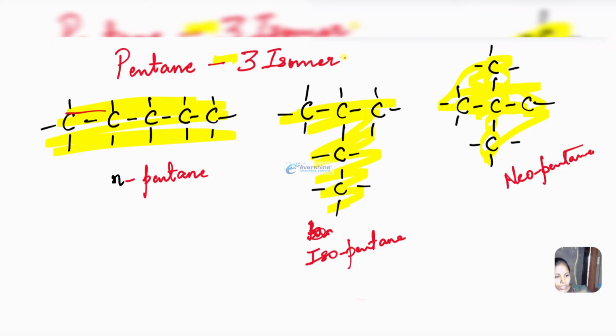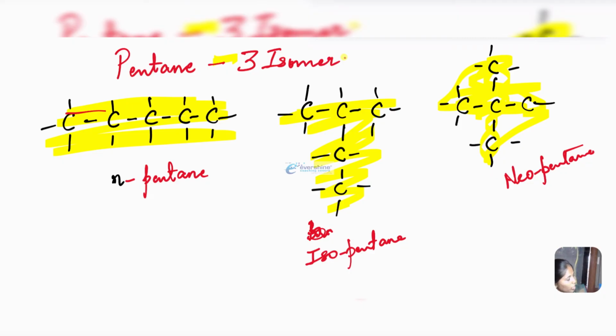If you go next to hexane, how many isomers can you write? See, for butane 2, for pentane 3, for the next member 4, next member 5, like that. Got it?